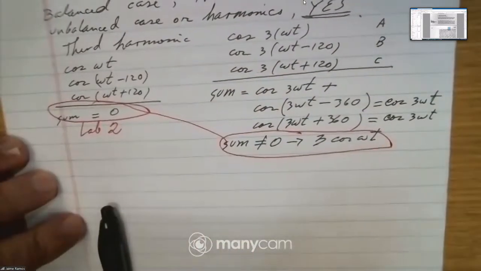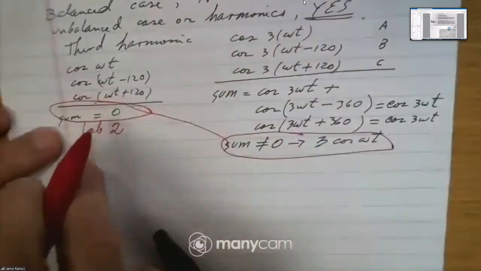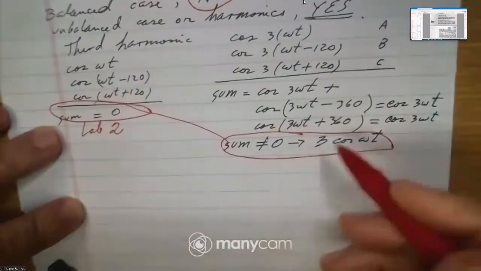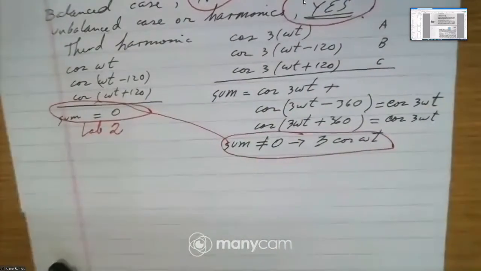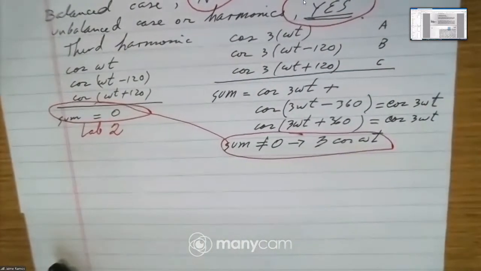That's why for the balanced case on the left we got no, and for the unbalanced case on the right we have yes. So why is this important? Let me check the ampacity table.